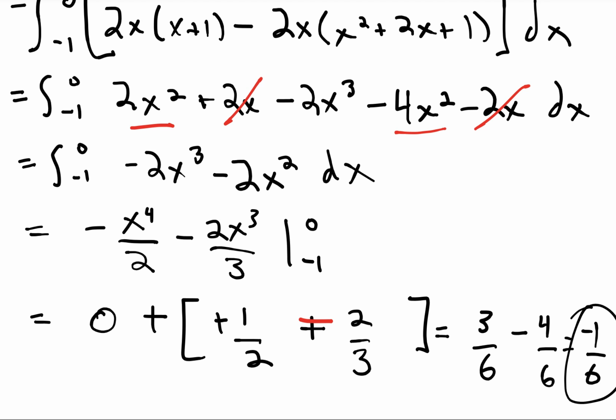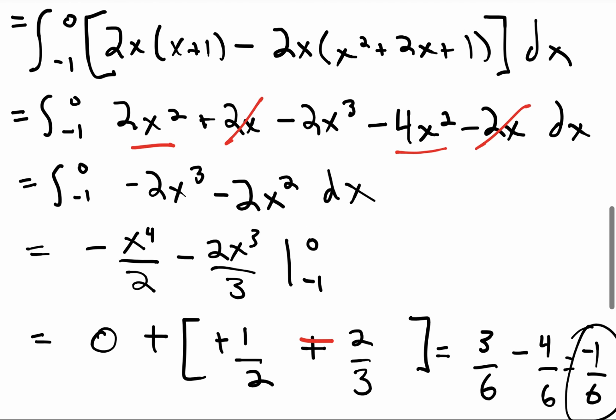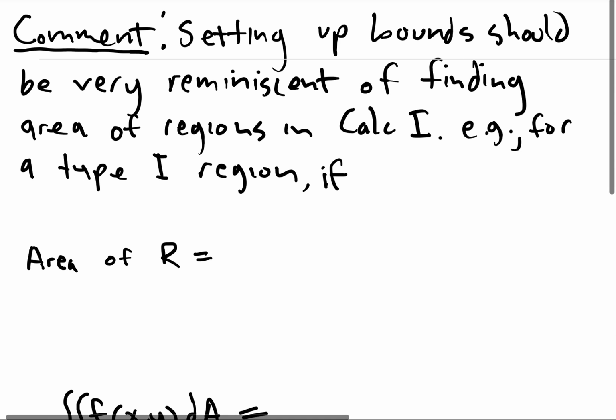Now, a comment for setting this up, because we've mostly seen that the evaluation is the same. Closing comment that I'll make right now, if you're trying to set up the bounds, hopefully you saw this, but it should be very reminiscent of finding areas of regions in Calculus 1.